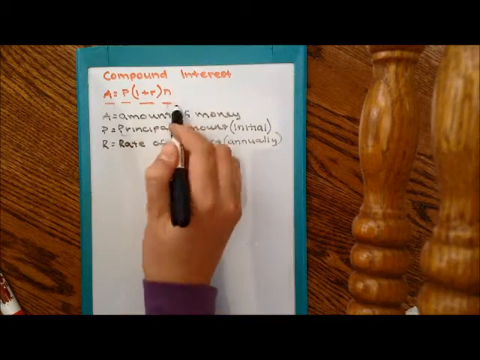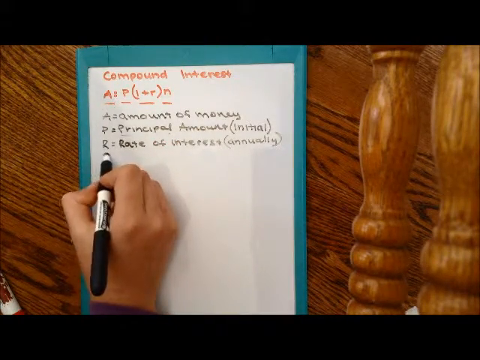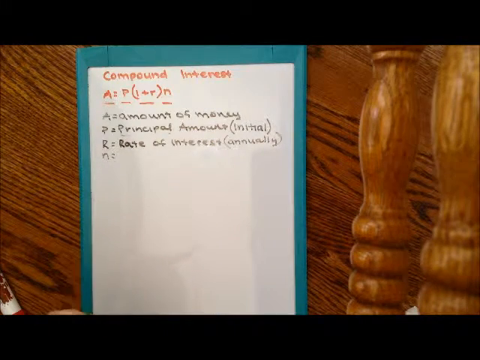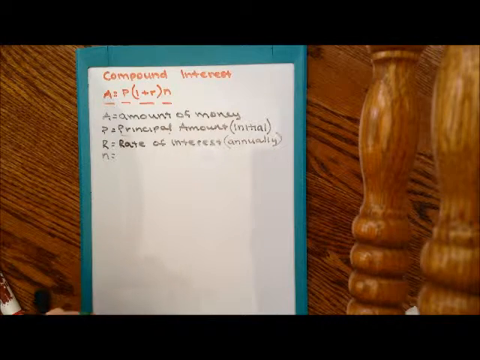Okay, then all we have left is our N. Our N is the number of years that the amount is deposited or borrowed for.